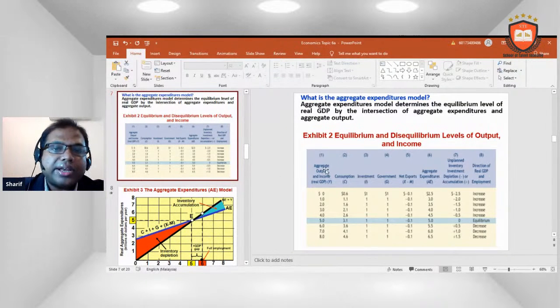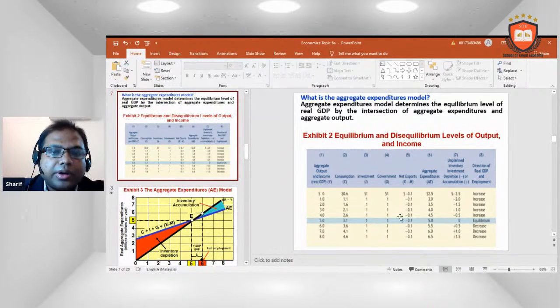Aggregate output and income equals consumption, C; inventory investment, I; government, G; net export, X minus M; aggregate expenditure, AE. Then there are planned inventory investment, depletions or accumulations, and directions of real GDP and employment.